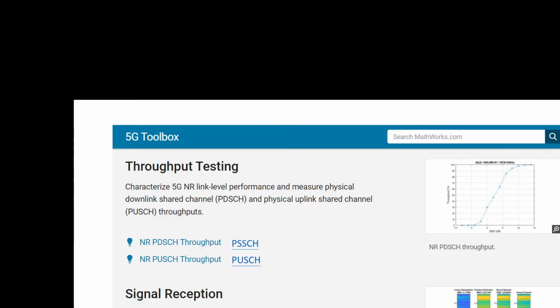So like this one, there's the physical downlink shared channel, PDSCH, and the physical uplink shared channel throughput. That's what we want to know, right?